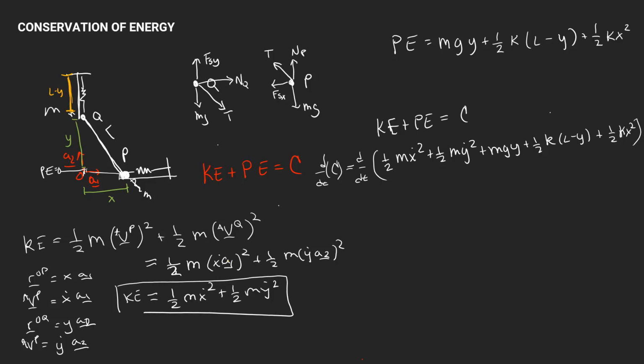So what you're left with is m x x double dot plus m y y double dot plus m g y dot minus, oops, sorry, this also should be a squared up there, minus k (L minus y) y dot plus k x x dot equals 0.